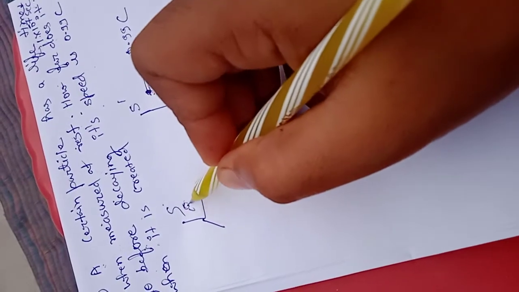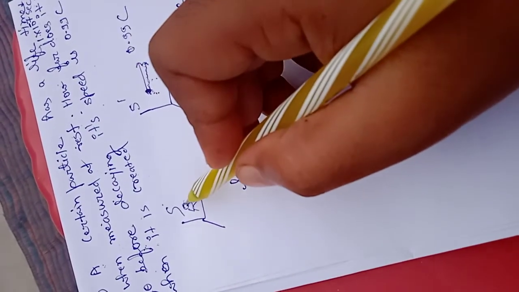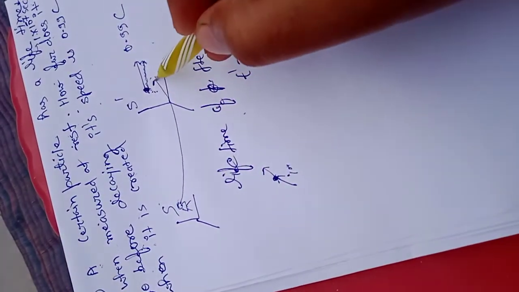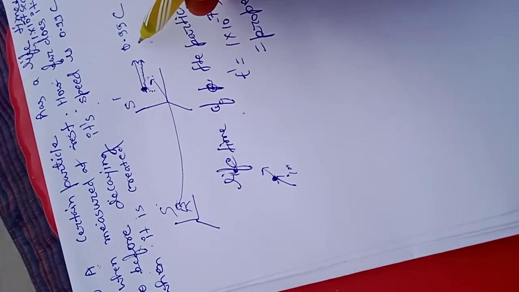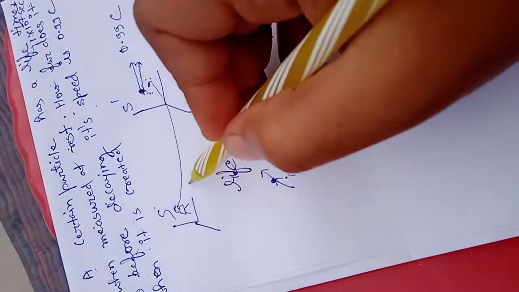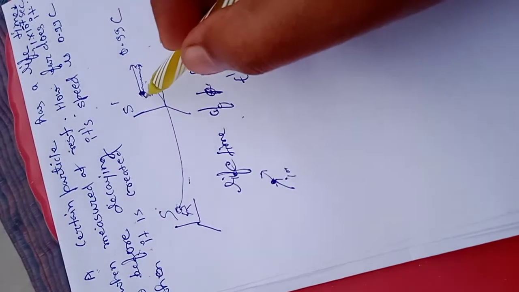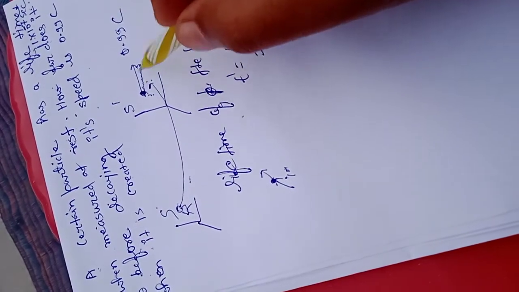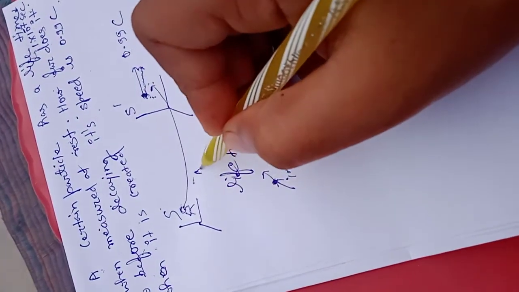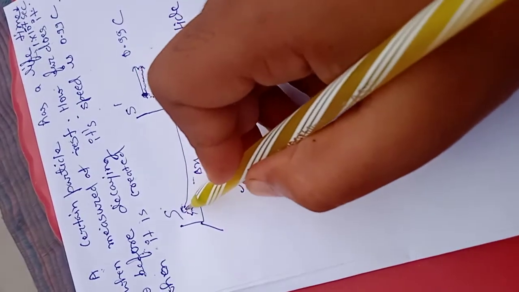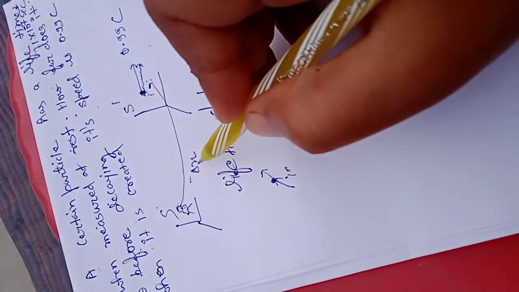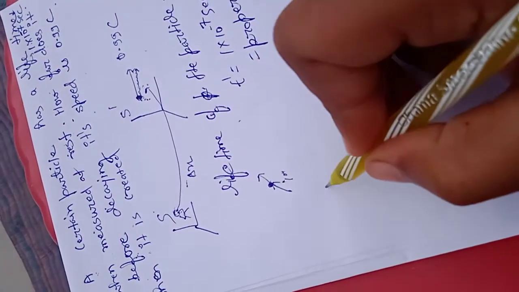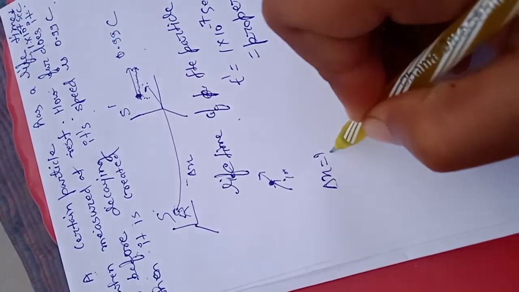The observer is here and sees how much distance is traveled. The distance of this travel is delta x, because the observer observes this delta x. So we have to calculate delta x.